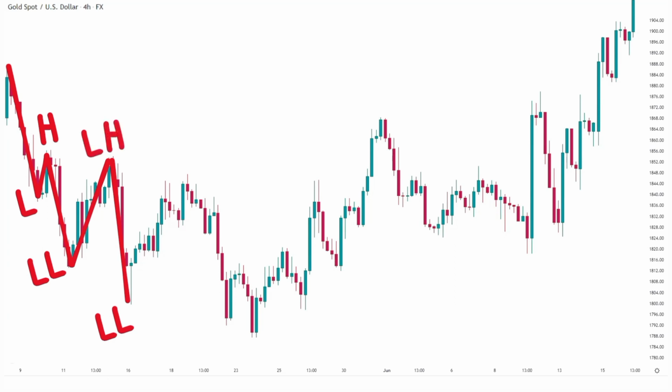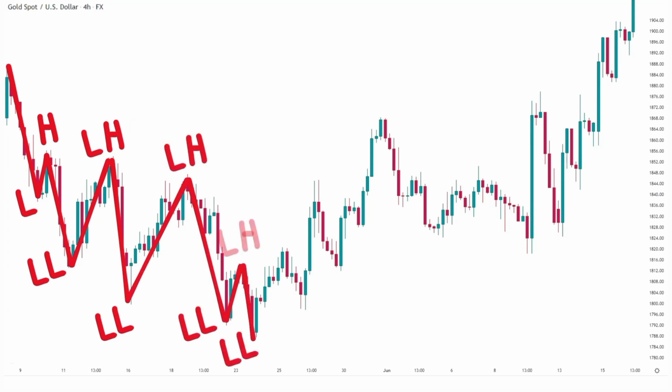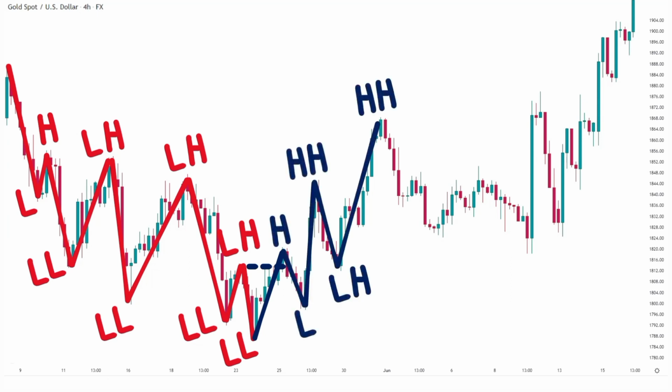So this is our new lower high. And once again, as long as we stay below this level, we are in a downtrend. And then market continues to make lower lows and lower highs until we get a break and close above previous lower high. After that, we are no longer in a downtrend, and it will start a possible uptrend.